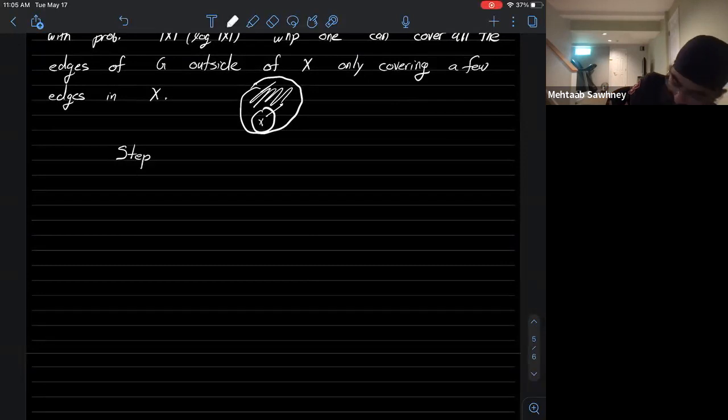So the idea is to do induction on the parameter of how well you're sampling the triangles.